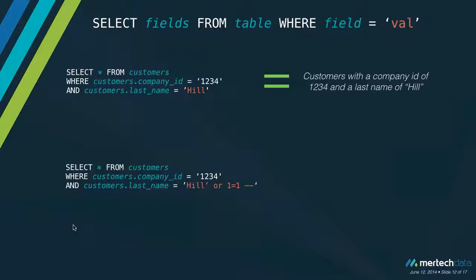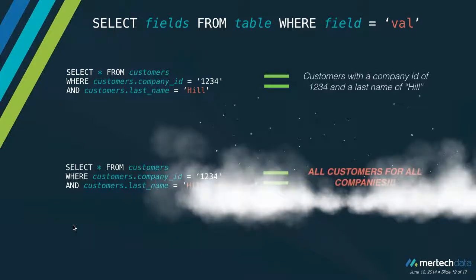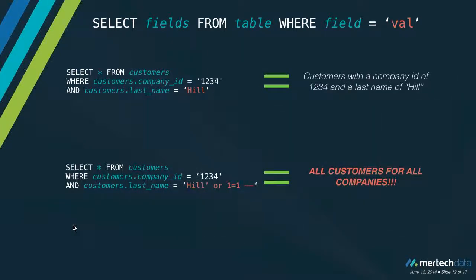Well, what we're essentially doing in this SQL call is we're saying that the customer can be company ID 1, 2, 3, 4 and the last name of Hill, or we can return all the customers where 1 equals 1. Well, that's going to be all customers for all companies in your database.